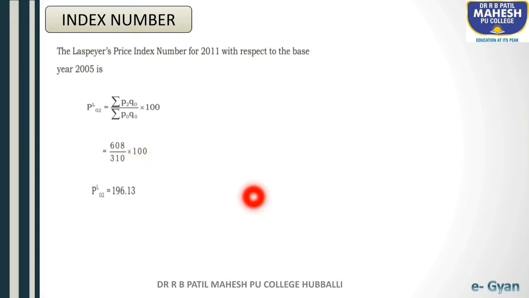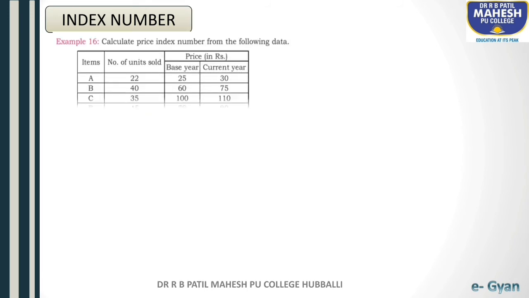This becomes 196.13. So the price index number of 2011 with base 2005 is 196.13. Students, let us take one more example.